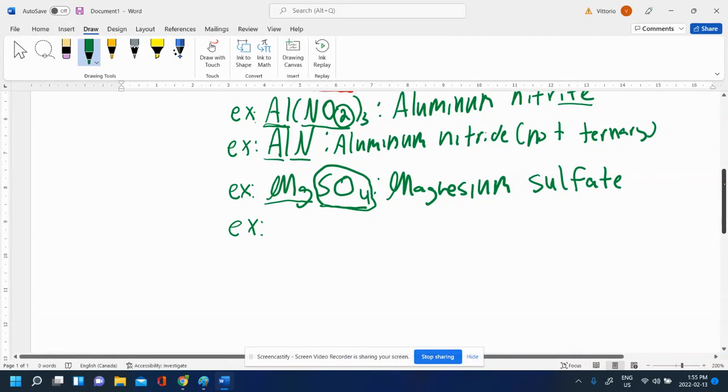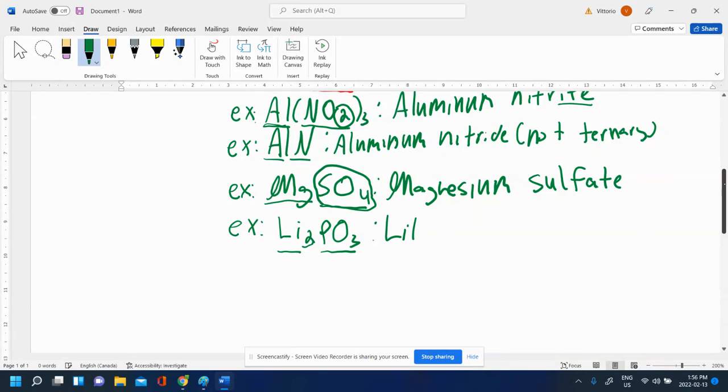Let's try another one. So this is Li3PO3. So you'll notice this is an ionic compound because you have a metal in there. You'll notice it's ternary because you have a polyatomic ion. So just write the name of the metal, which is lithium, and then the name of the polyatomic ion.